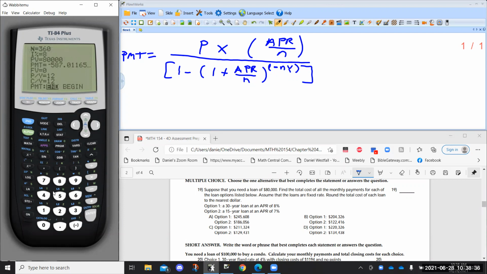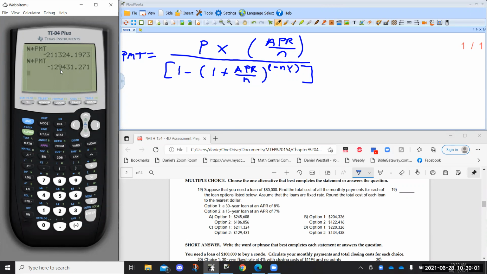And we have a 15-year loan, and it's going to be a 7% APR, same amount of money. Monthly payment would be $719.06. Going to come out again. We're going to round this to the nearest dollar.